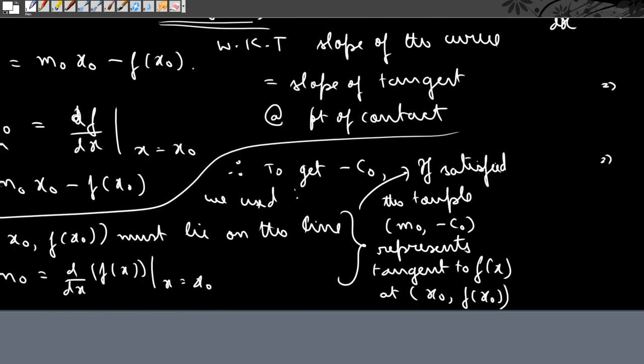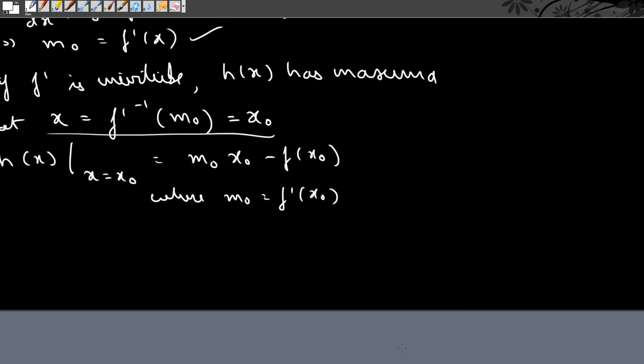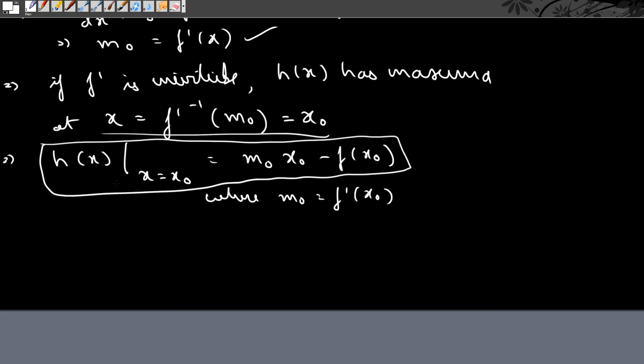So if you notice this equation and this equation, we will see that h of x at x equal to x naught is in fact equal to minus c naught.